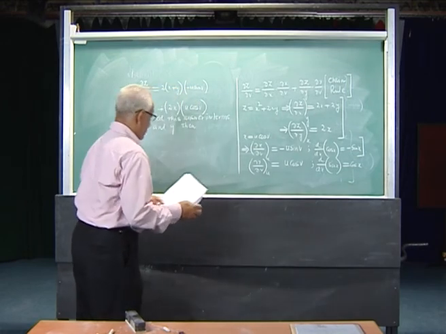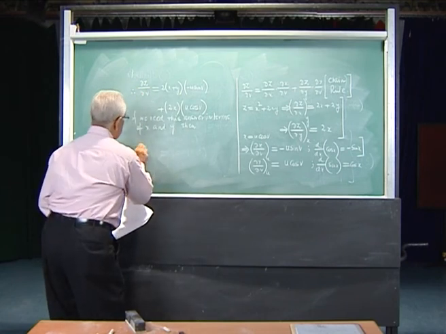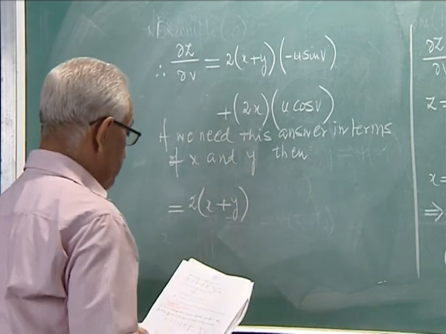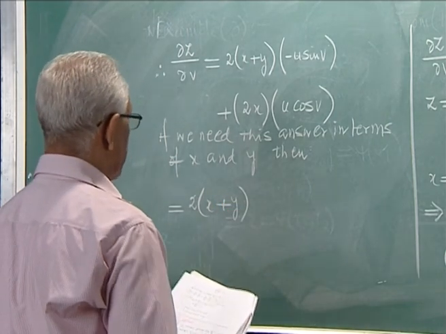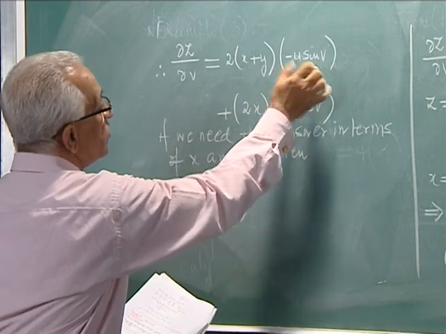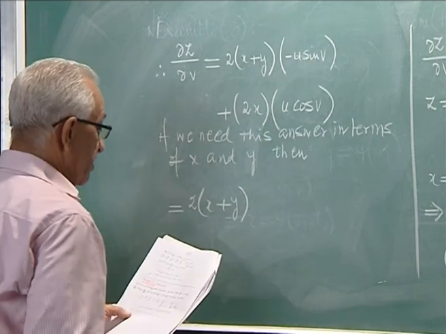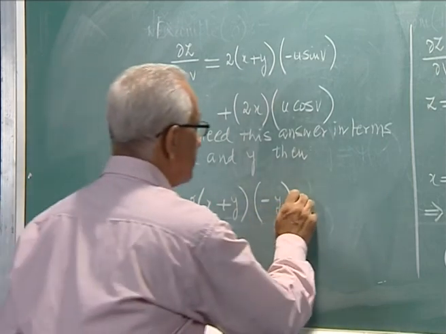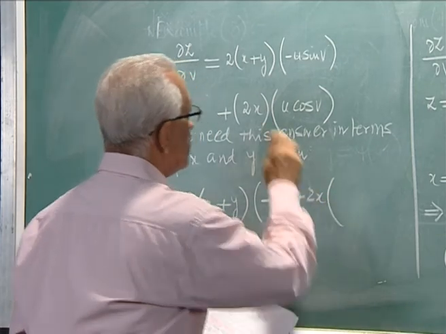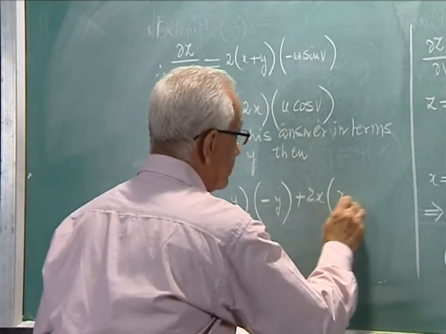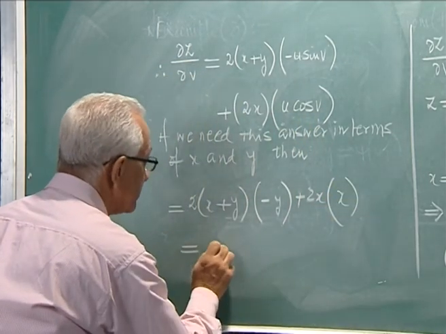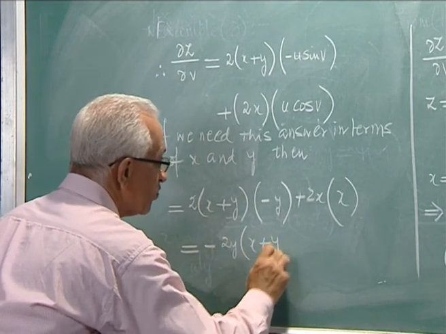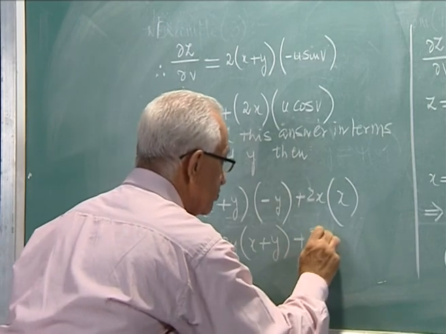So, we can write the right hand side as 2 times x plus y. The question given to you is x is equal to u cos v, and y is u sine v. So, u sine v means minus of y, and I will be having plus 2 times x into u cos v, which you can write as x. So, the final answer is minus 2 times y into x plus y plus 2 times x square.